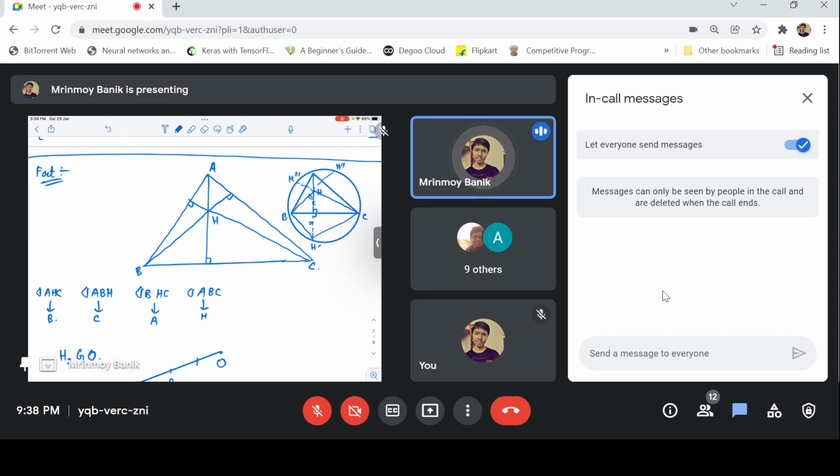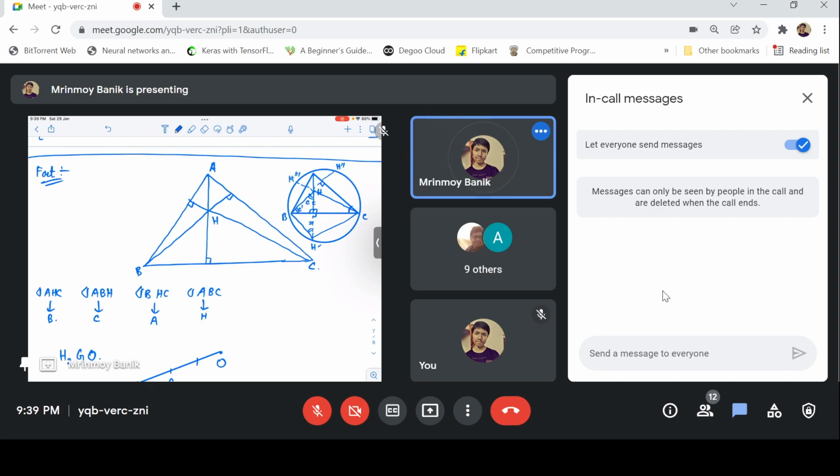So this angle and this angle are the same. This is perpendicular, so this angle is C. This is C dash, and then this small right angle triangle.